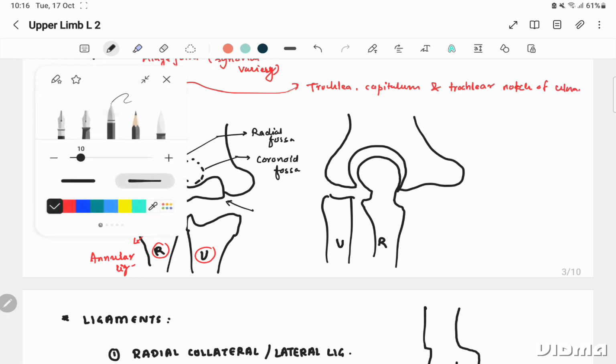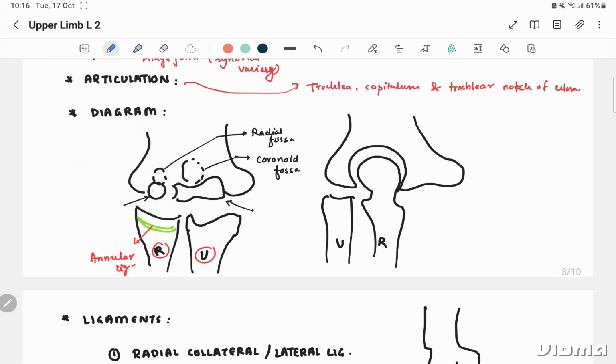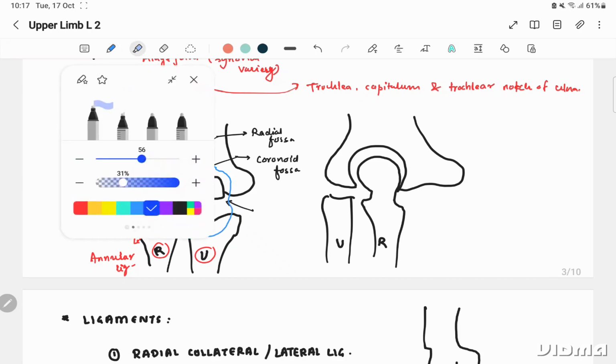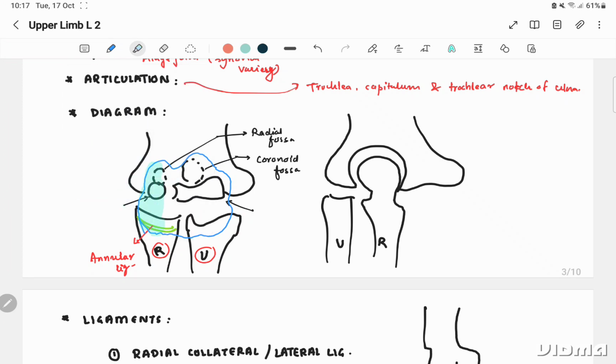So the capsule would go like this. From here it will go like this, cover the coronoid fossa also, the pulley-like trochlea, and here. This will be the capsule of the elbow joint. Okay.